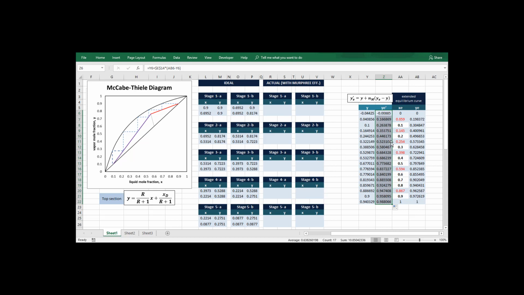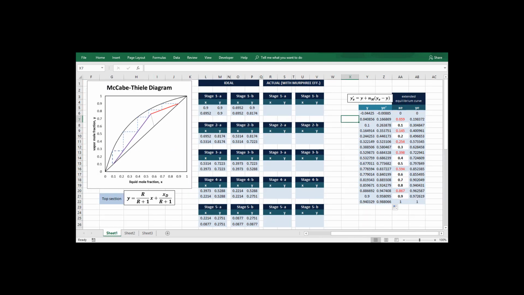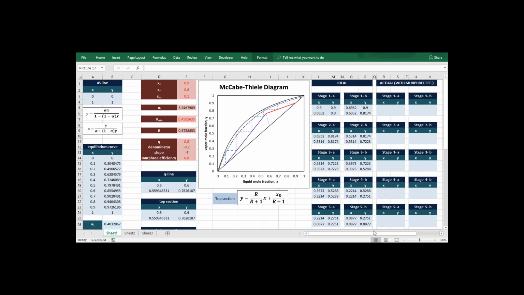So now we have the values for ye prime and xe. Ye prime will be our y and xe will be our x, and we will plot them in the McCabe-Thiele diagram. The plot of the actual curve is shown as the broken line curve, and the x values are from xe and the y values are from ye prime.